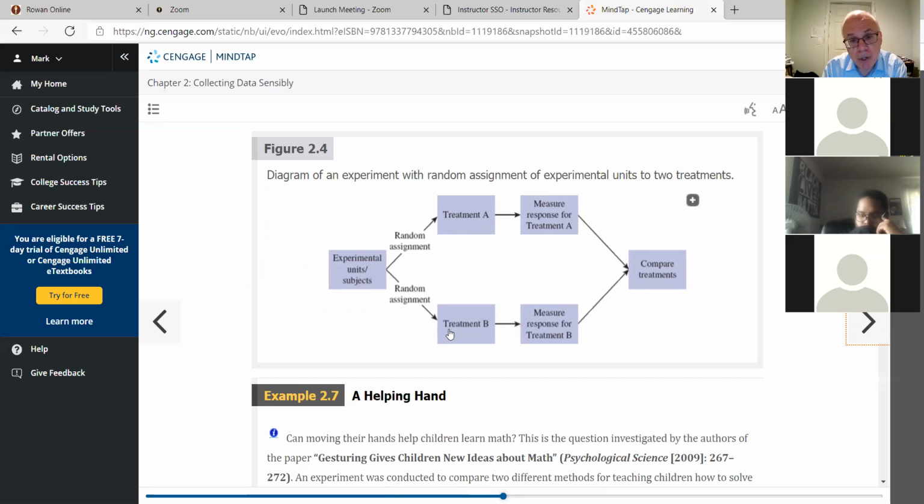All right. And what is random assignment? What it does is it allows you to assume that the 2 groups are going to be relatively the same, except for what? Except for the variable that's changing, the explanatory variable that the researchers are changing, or the different treatments here.